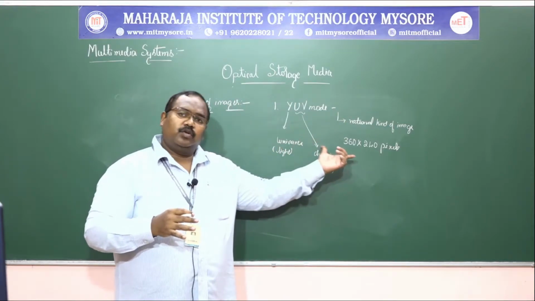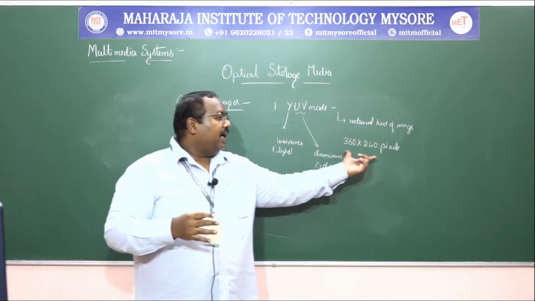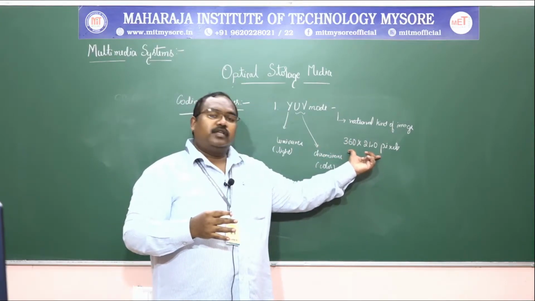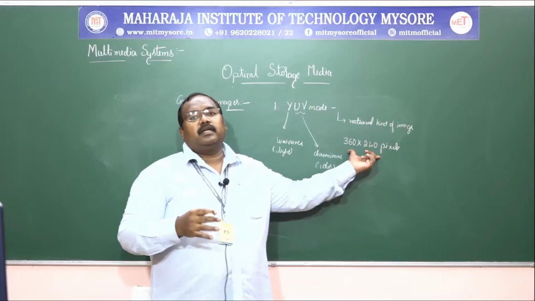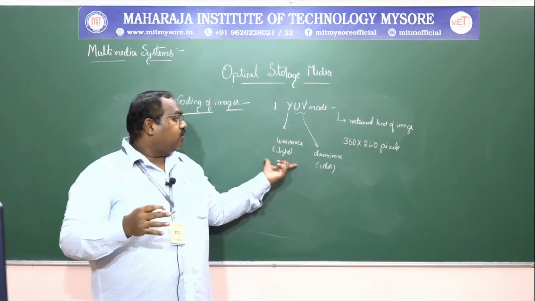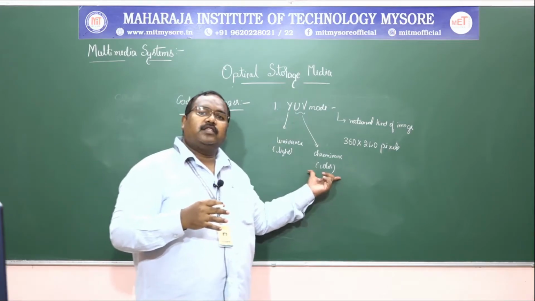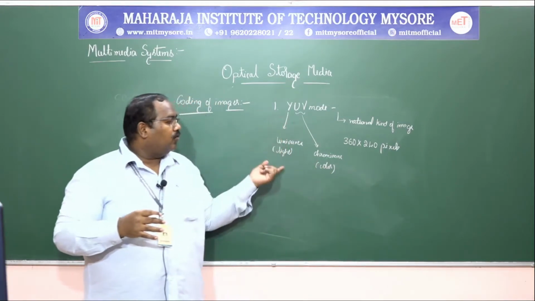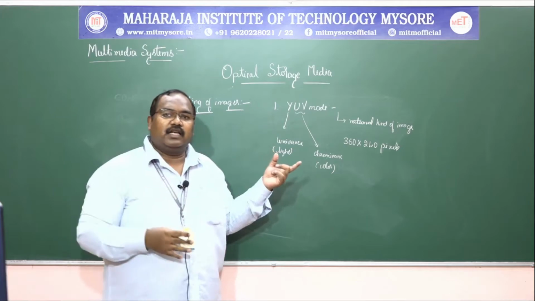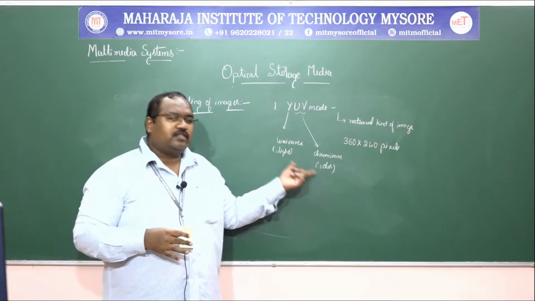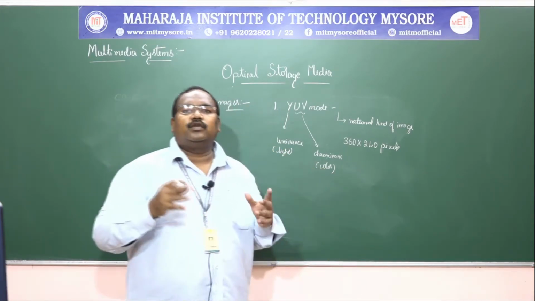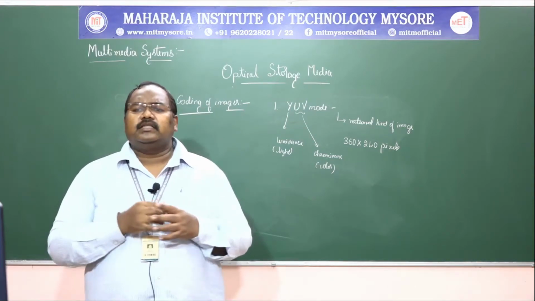So one is the resolution, that is, in the YUV format we have 360 by 240 pixels, and also we have two things, the luminance factor and the chrominance factor. Y stands for luminance, that is the intensity of the light, whereas UV stands for the chrominance factor, that is two components. What is the use?